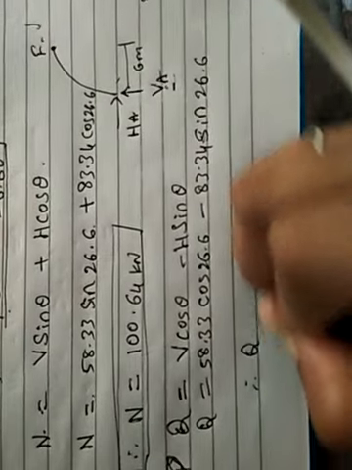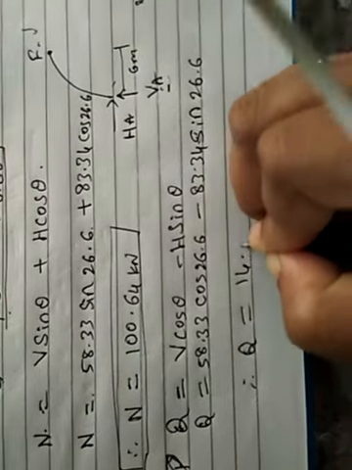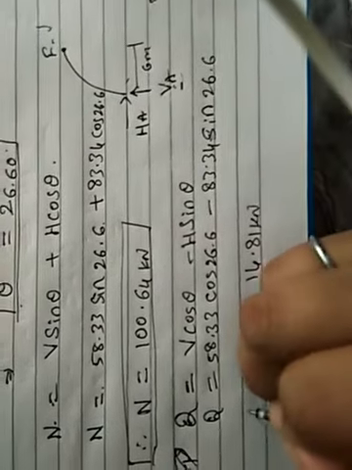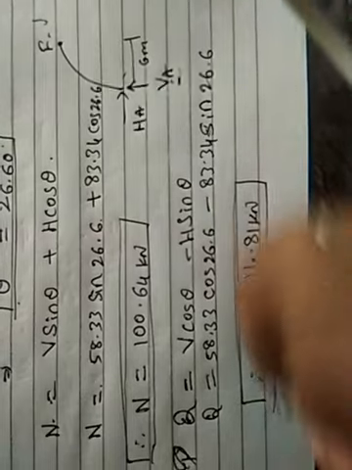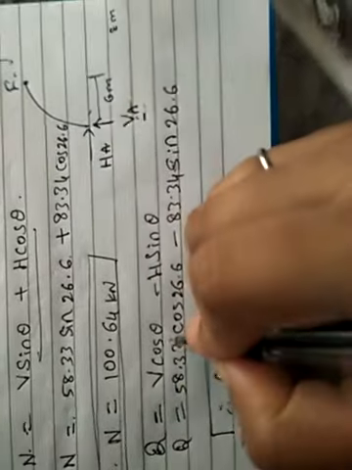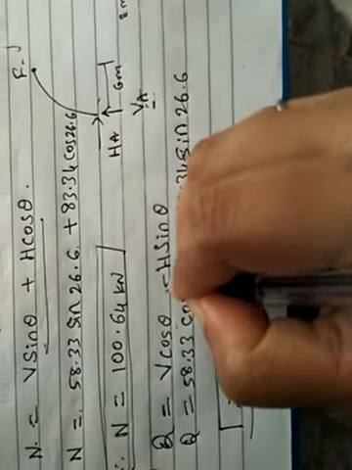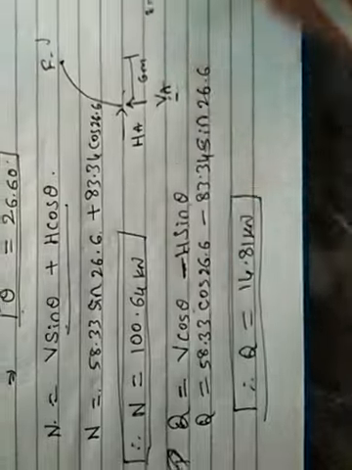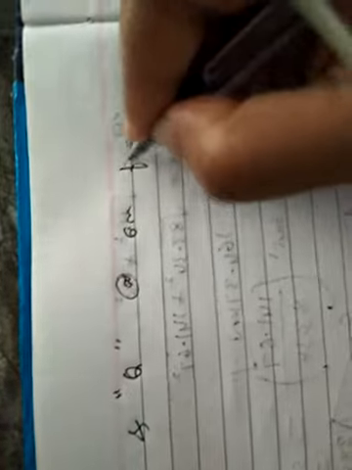So from this equation we get Q is equal to 14.81 kilonewton. This is from support left. So here you can see the formula. We have V sin theta plus H cos theta, and here it is V cos theta minus H sin theta. So in the similar way we have to calculate normal thrust and radial shear at 6 meter from right support.